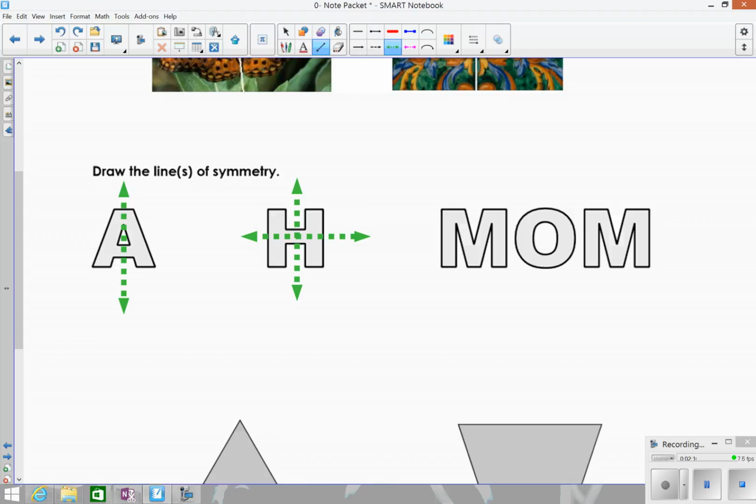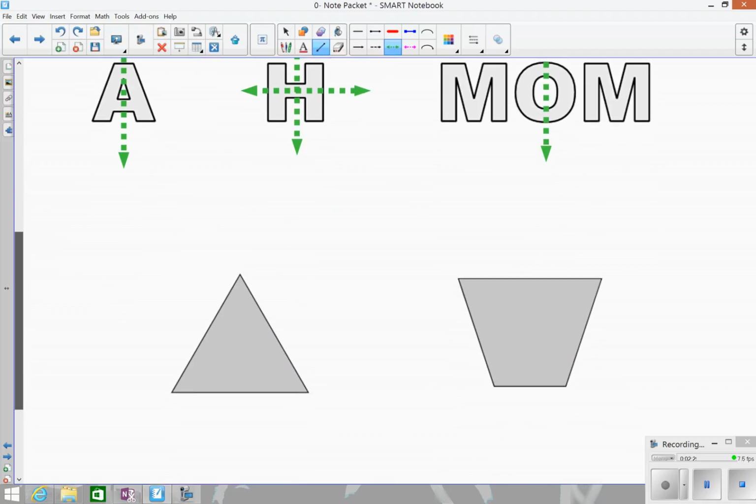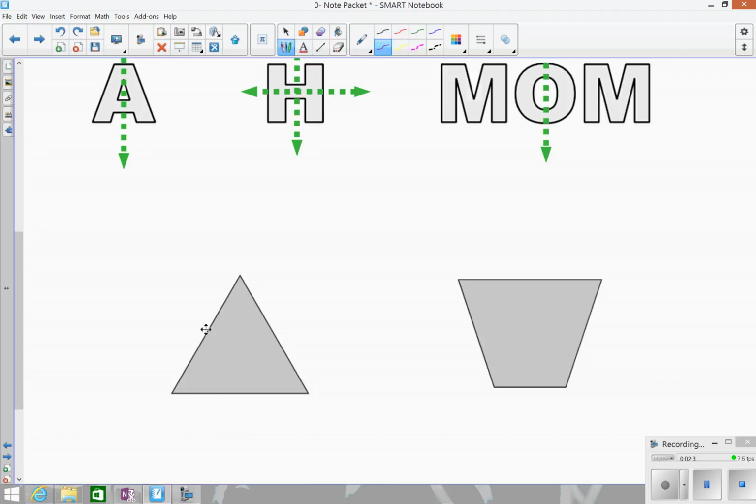The next one, I'm going to look at the whole word mom. So if I fold vertically along the center of this O, then this section will match up with this section. The two figures below, the triangle here, if I assume that this is an equilateral triangle, meaning all three sides are the same, that means that I'm going to have three lines of symmetry. So I'm going to have one that's pretty easy to see right through the middle.